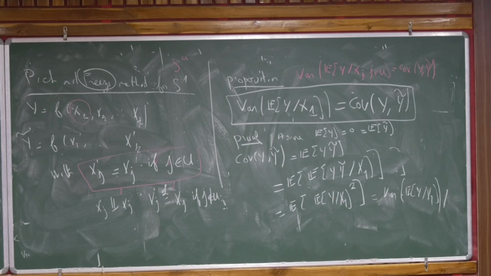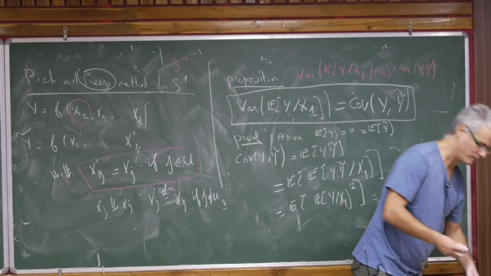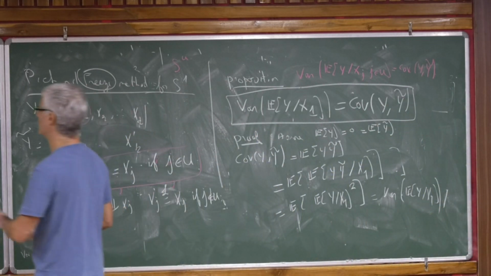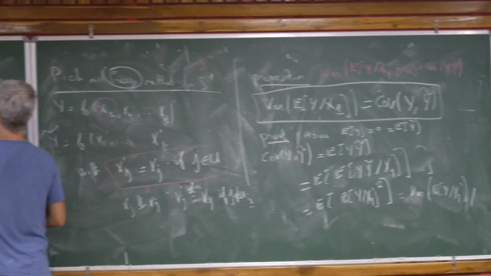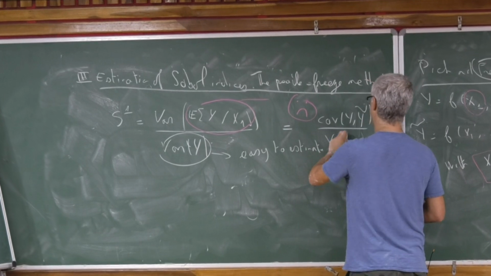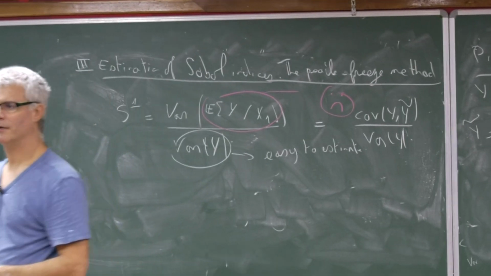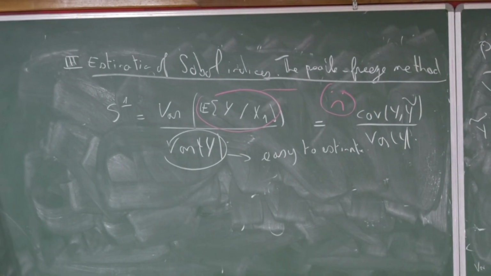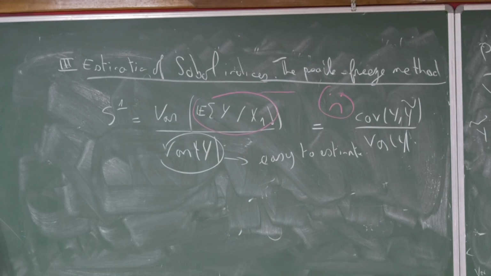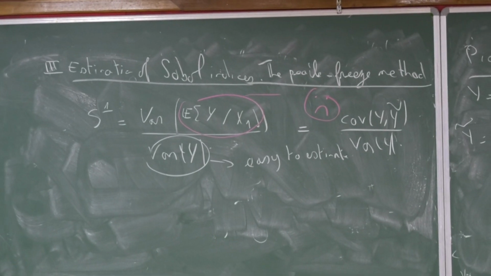Okay. So at the end, what we saw is that we rewrite the Sobol index as the ratio between a covariance and a variance, and I don't have a conditional expectation anymore, so now it will be easy to estimate the indices.